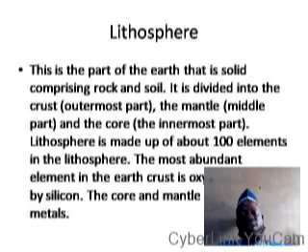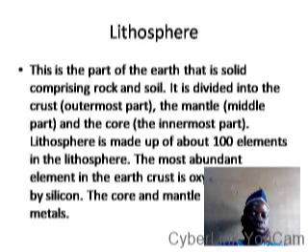Then we have lithosphere. Lithosphere is the part of the Earth that is made of solid rocks and soil. Lithosphere is also divided into three parts. We have the outermost part, which is called the Earth crust. We have the middle part, which is called the Earth mantle.